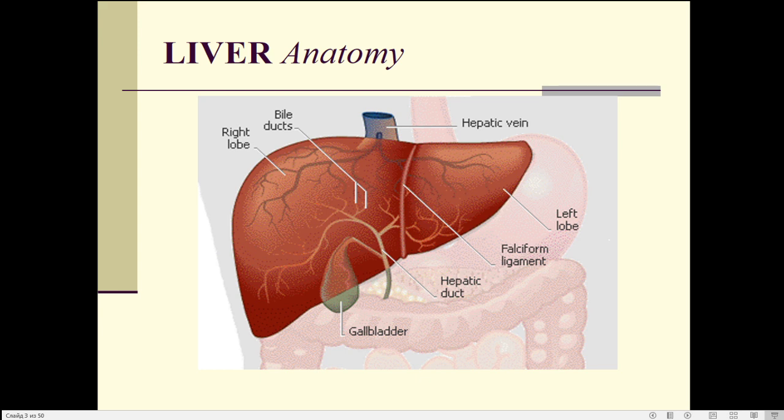It is important to know the histological type of the liver cancer first, and next the localization of the tumor, in which lobe, right or left, and the segment. It is very important.